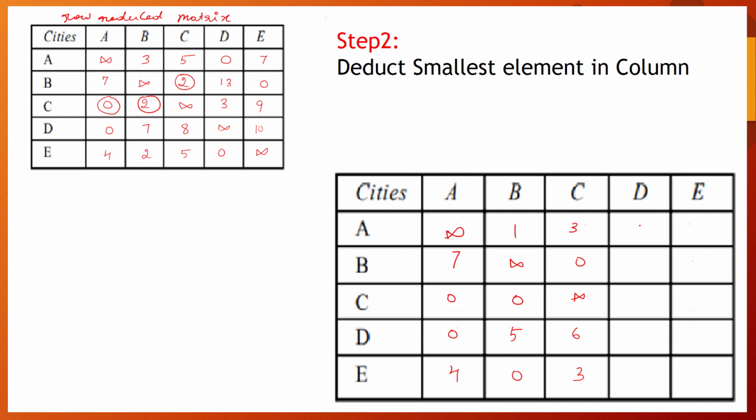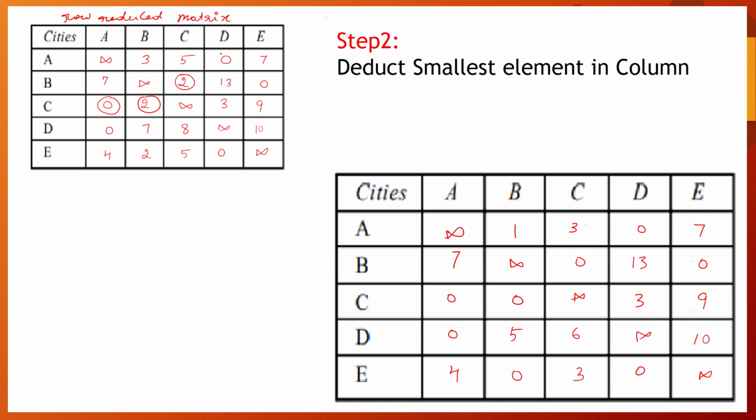And then here the minimum is 0, so we'll just copy the same values: 13, 3, infinity, 0. In the last column also we have 0, so we'll copy the same: 7, 0, 9, 10, infinity.